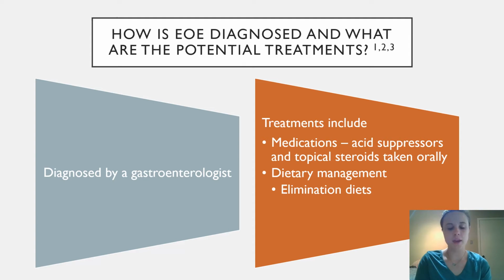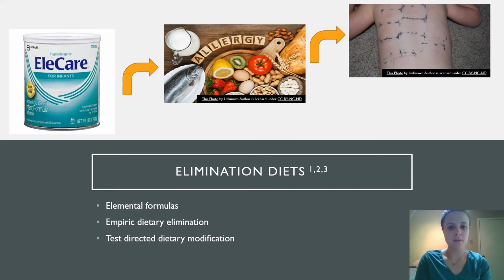And so we manage EOE through elimination diets. And so these elimination diets include elemental formulas, empiric dietary elimination, and also test-directed dietary modification.